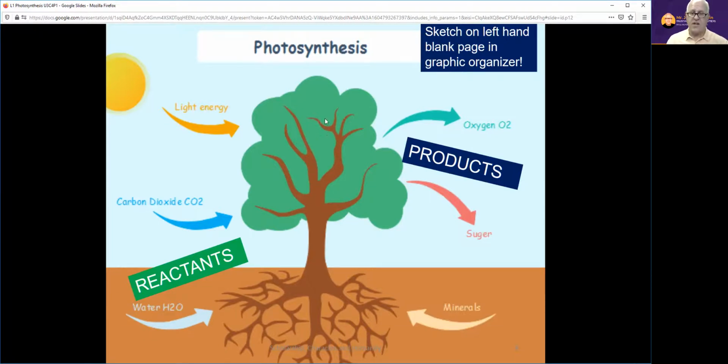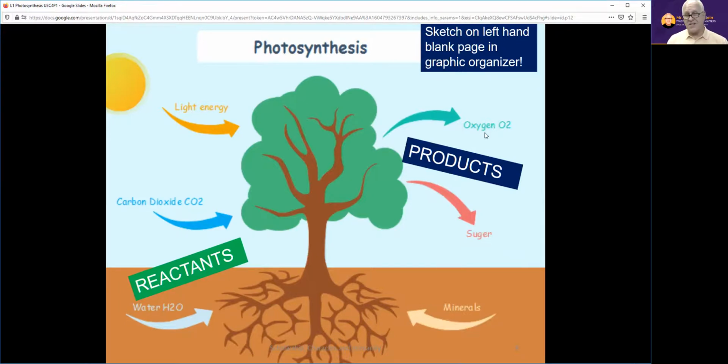A chemical reaction occurs, and the plant has sugar or glucose as a product, which also helps feed itself and provide itself energy. And it also releases oxygen back into the atmosphere.